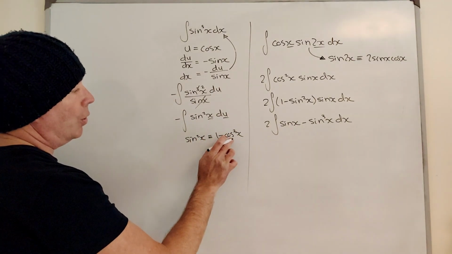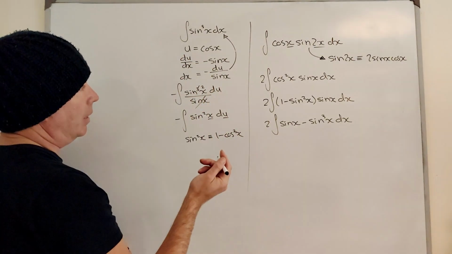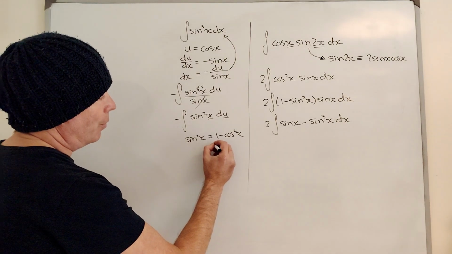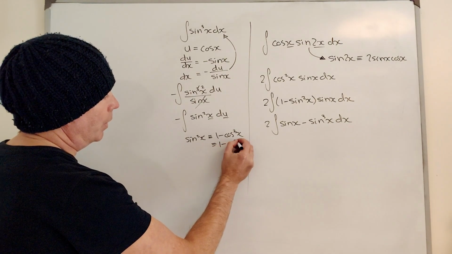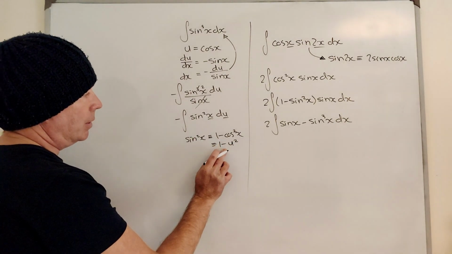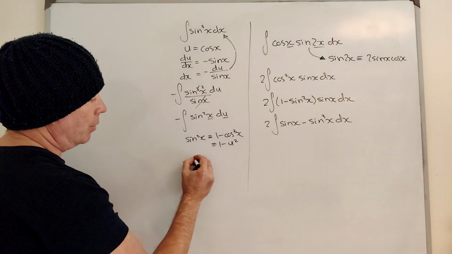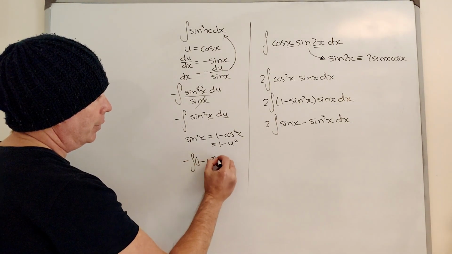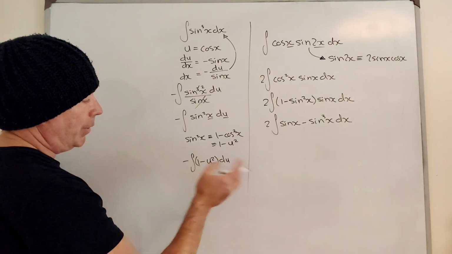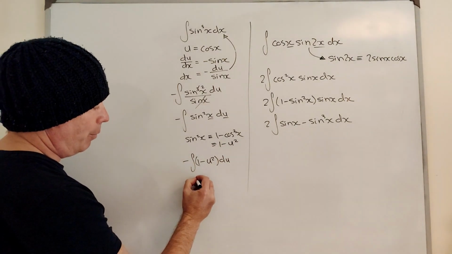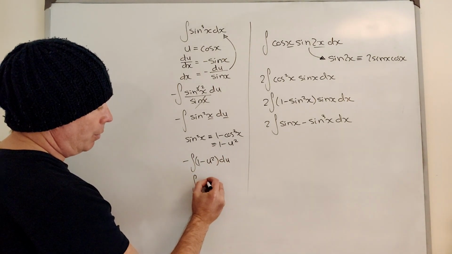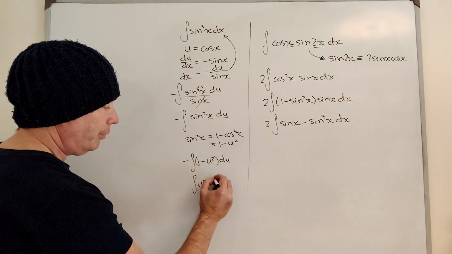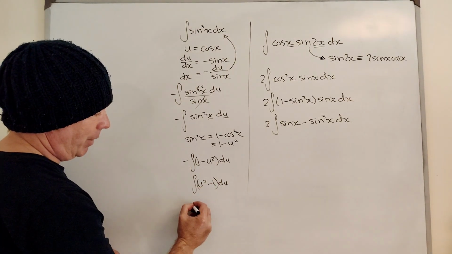And I already know that cos x is u by our substitution, so that's the same as 1 minus u squared. So I can replace sin squared x with this, and the integral becomes negative, 1 minus u squared, du. I can multiply the negative through before I integrate, so I end up with u squared minus 1 du, and we can integrate that directly.